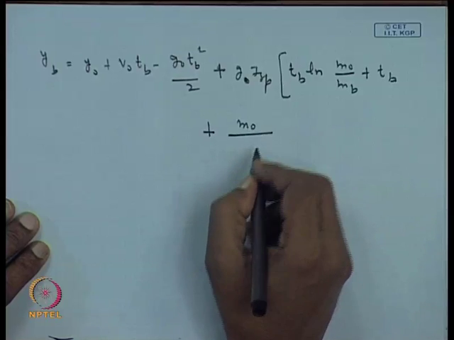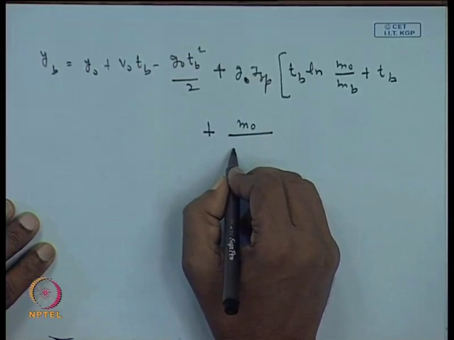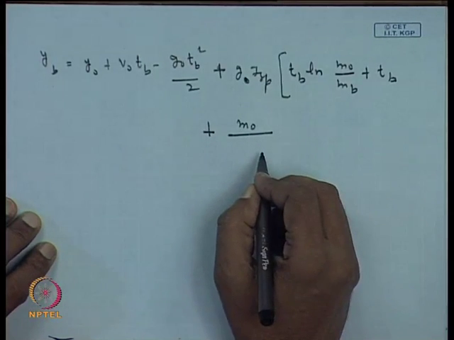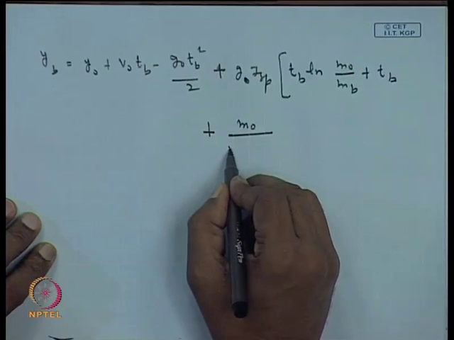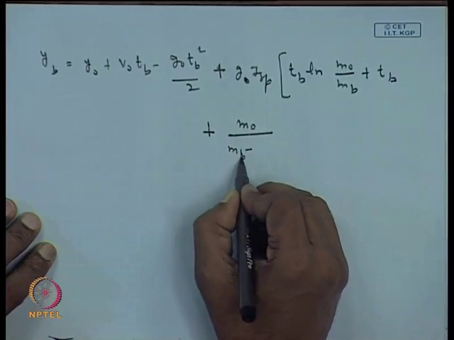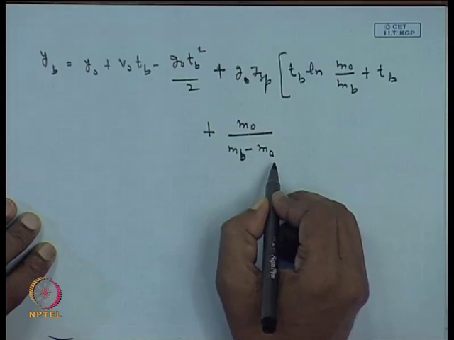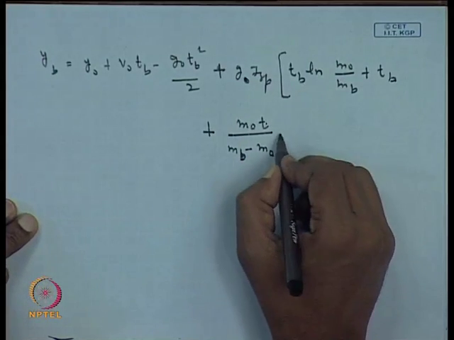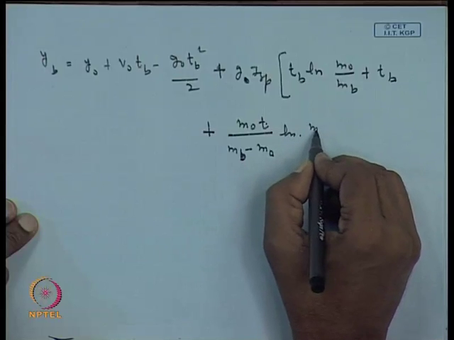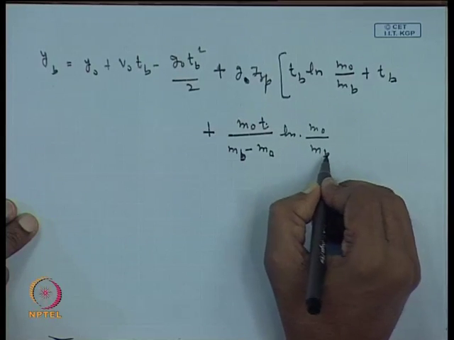So, this becomes m_0 divided by m burnout minus m_0 times T, ln m_0 divided by m_b.